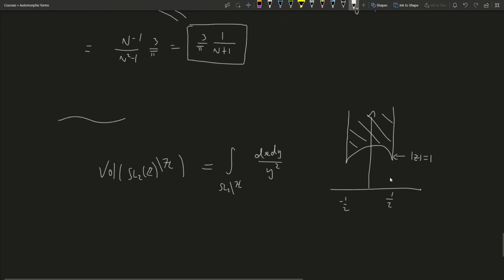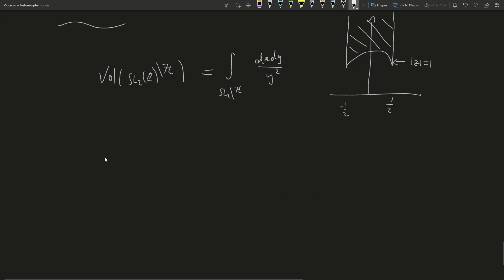And using just elementary calculus, you'll find that this gives you pi over 3.